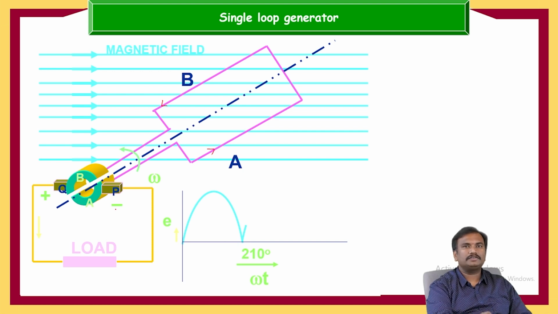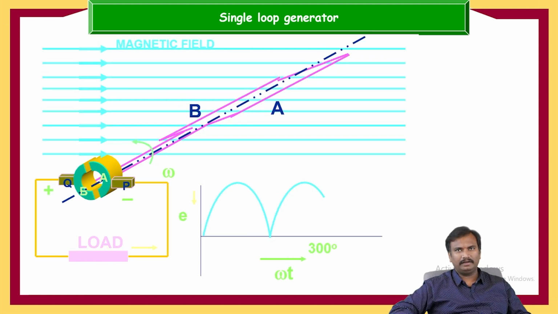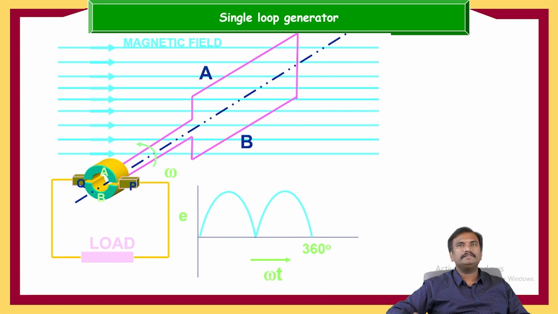When it is rotated by another 30 degrees, that is at 210 degrees, the voltage we are going to get is similar to the 30 degrees and 150 degrees positions. And like this, if you go on rotating the conductor by 360 degrees, we are going to get the voltage buildup in the conductors, so that we get the complete DC voltage by having the slip rings.